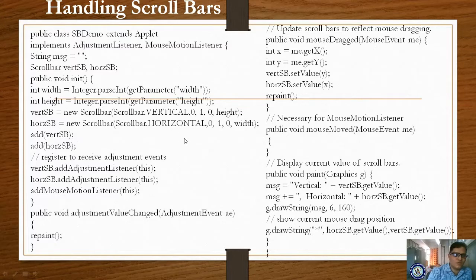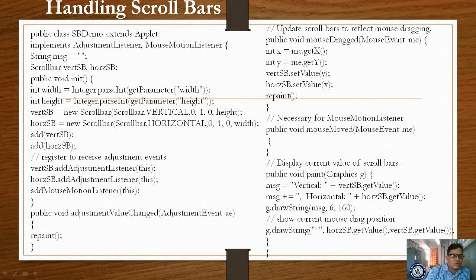And for the horizontal scroll bar, we are creating this object with new Scrollbar, style HORIZONTAL. You are getting one horizontal scroll bar. Its initial value is 0, minimum value is 1, and maximum value is 0, and the width we have specified. After creation of these components, you are adding them to your container by using the add method.